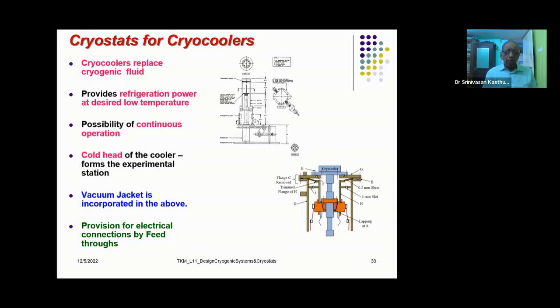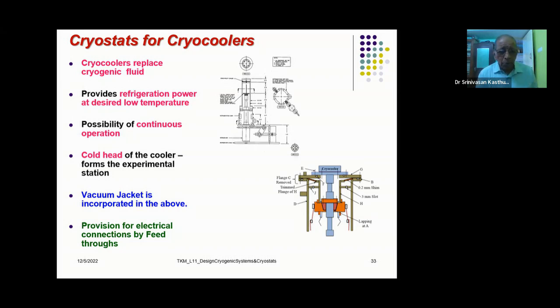As you have seen, the cryocoolers produce the refrigeration power required for your experiments at the desired low temperature. In fact, by using a cryocooler, you can also have different temperature conditions for your sample, and the higher the temperature, the more refrigeration power is available.